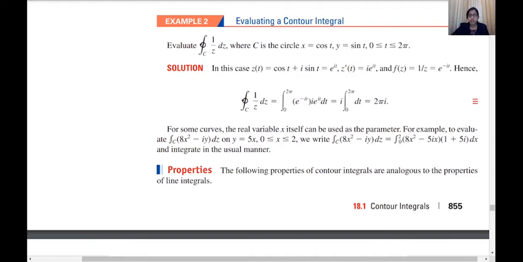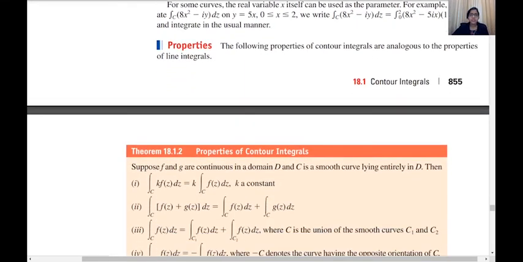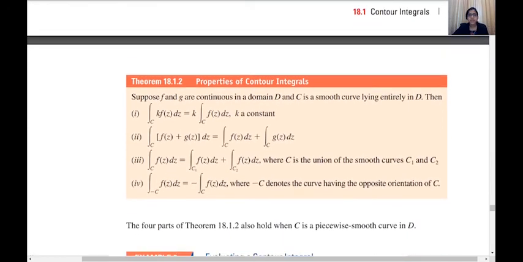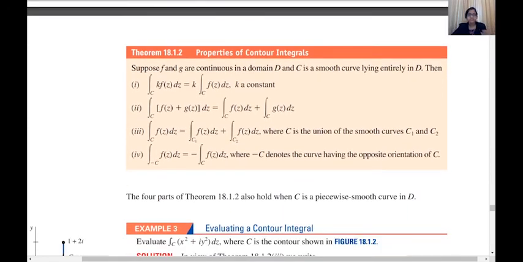Now there are various properties related to line integrals, which are pretty much similar to those of the line integrals that we have seen. That is, if f and g are continuous in a domain D and C is a smooth curve, then the following are true.